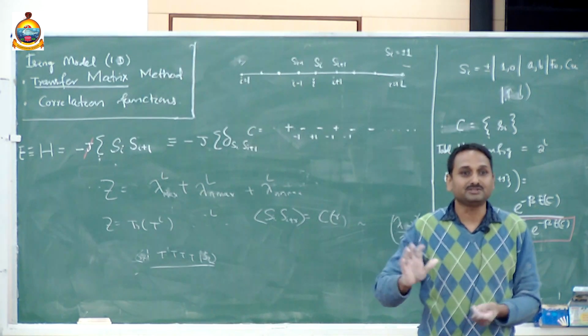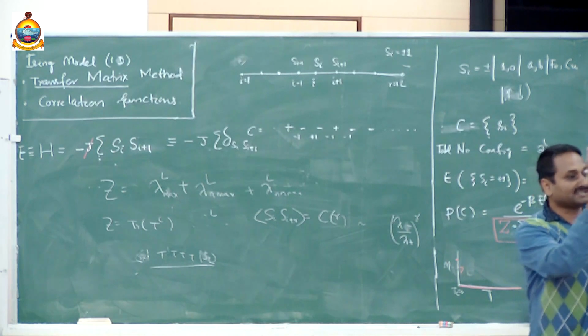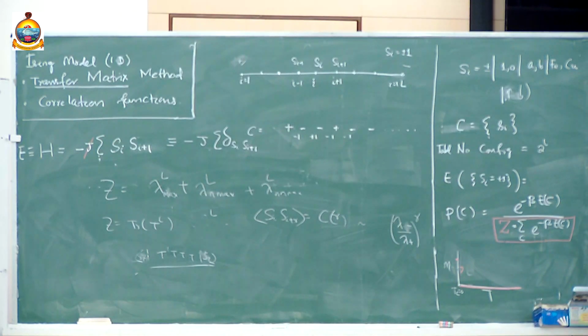If you have a two-dimensional system, the transfer matrix will be very large, but one of the space dimensions is reduced. We'll come back to it later. My time is up.